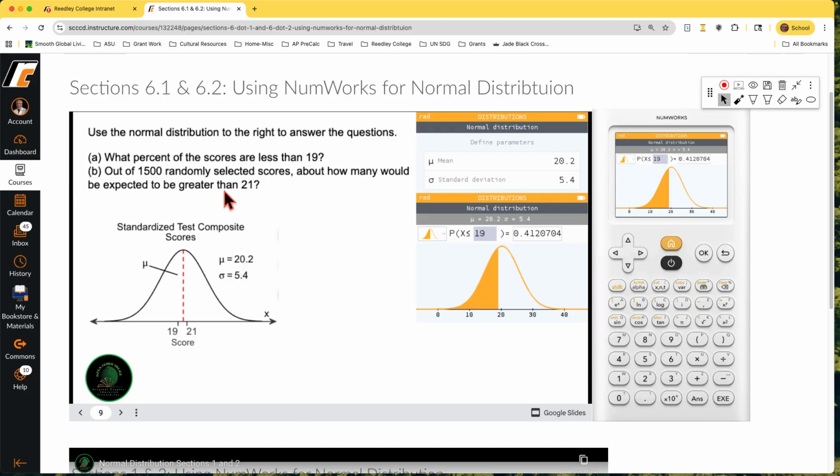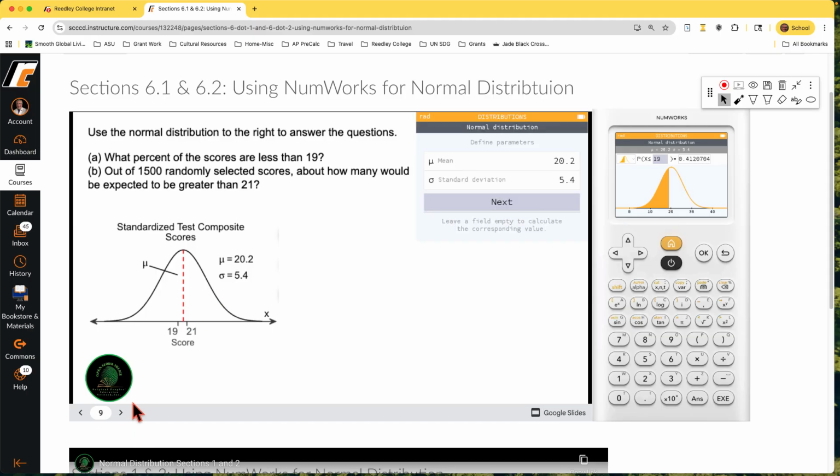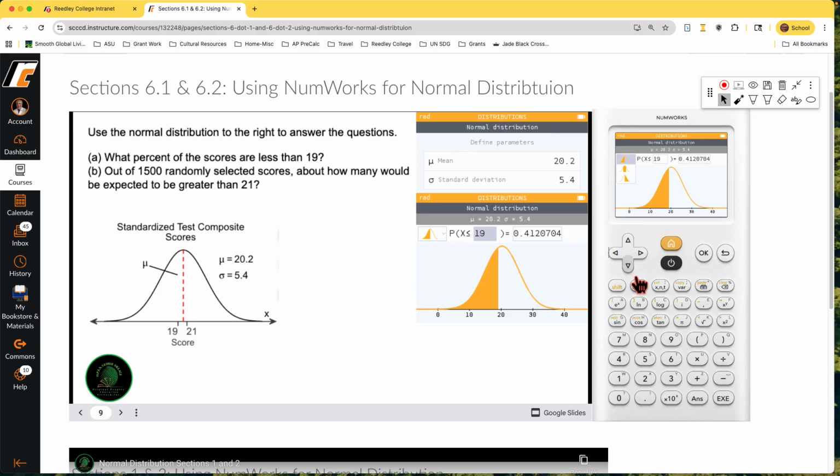And then, now this is the one that you may see. This is one that may require calculation. Out of 1,500 randomly selected scores, about how many would be expected to be greater than 21? Okay, so first we come over here and we find the percentage that are going to be greater than 21.